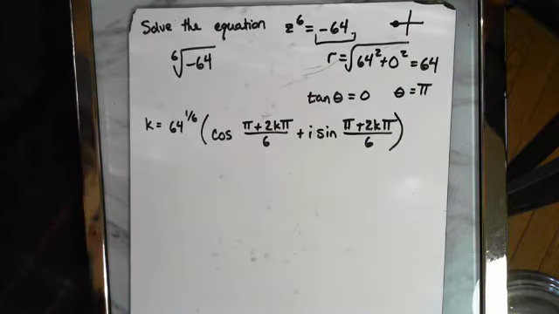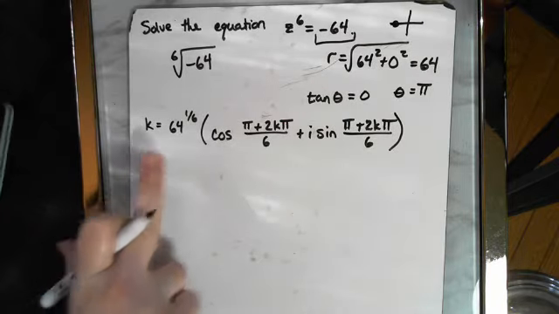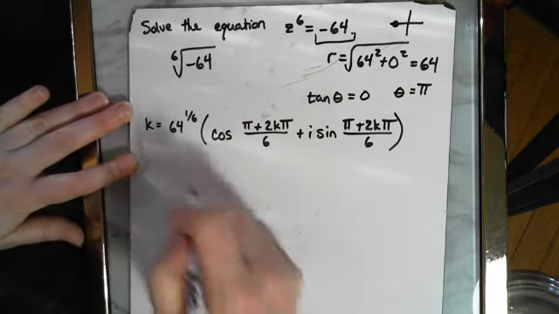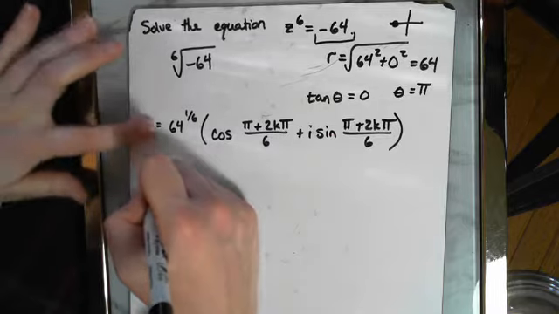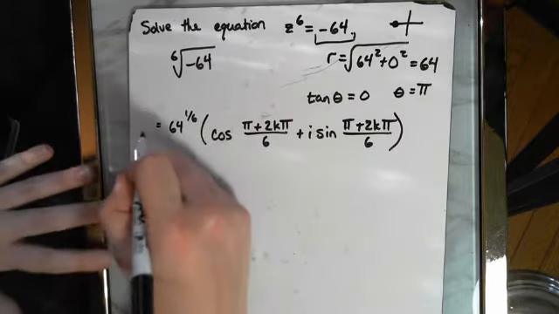Okay, now the 6th root of 64 is just 2. So this can be replaced with just a 2. Sorry, this was supposed to be a different variable, w.